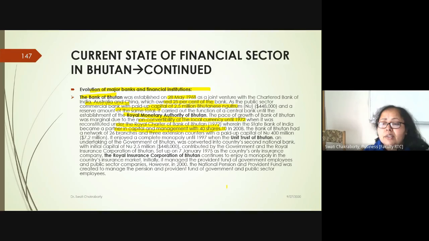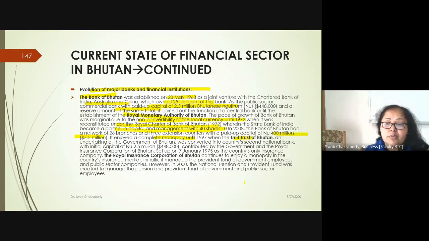By 2008, Bank of Bhutan had a network of 226 branches, 3 extension counters, and paid up capital of 400 million ngultrum, that is 7.2 million US dollars. It enjoyed a complete monopoly until 1997, when the Unit Trust of Bhutan, an undertaking of the government of Bhutan, was converted into the country's second national bank.